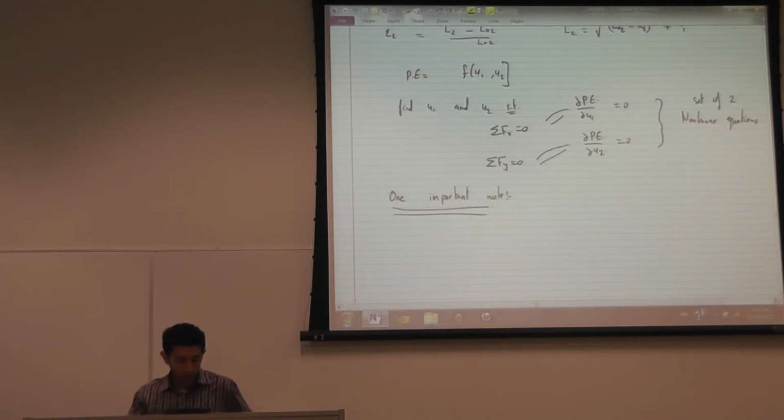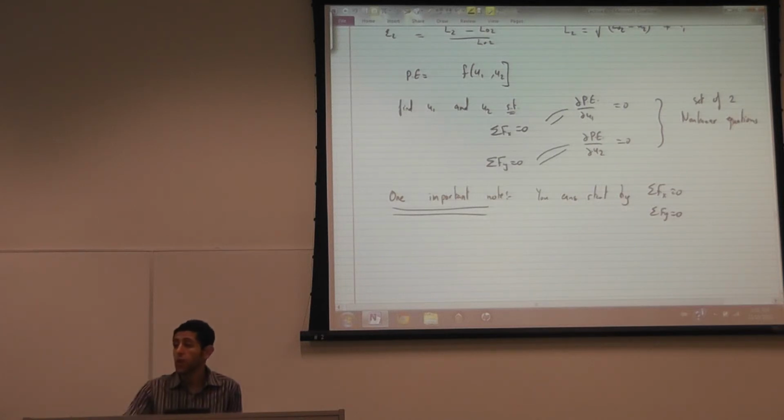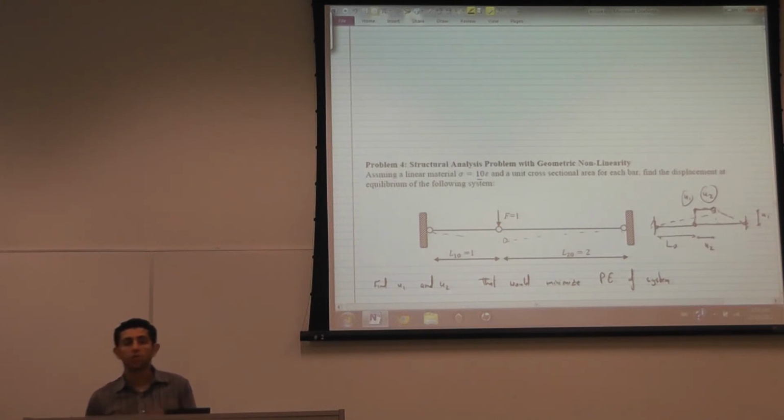And so in your notes, you can start by sum of Fx equals 0 and sum of Fy equals 0, and you get the same equations. Now they happen to be the same equations only because U1 and U2 happen to be the horizontal displacement and the vertical displacement.